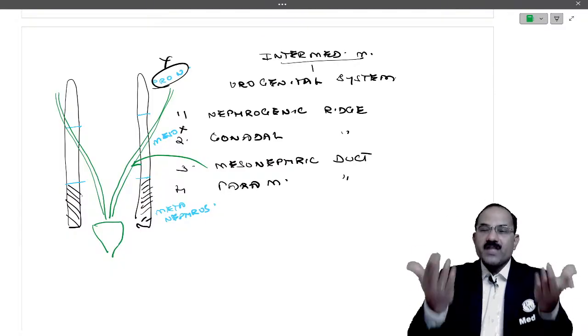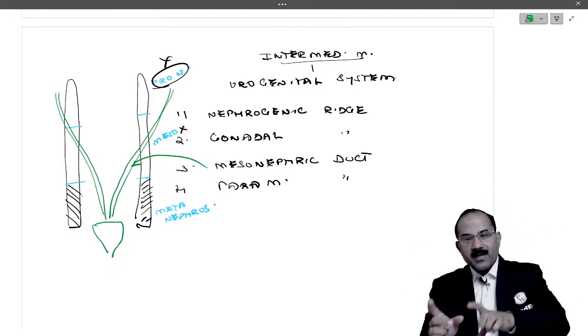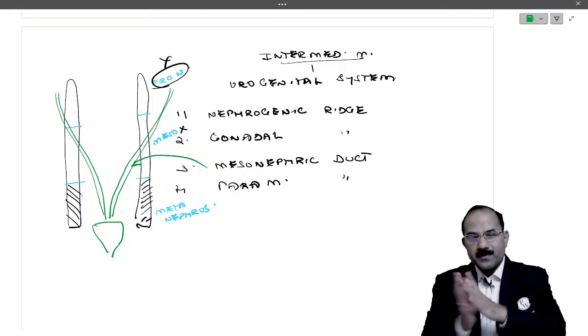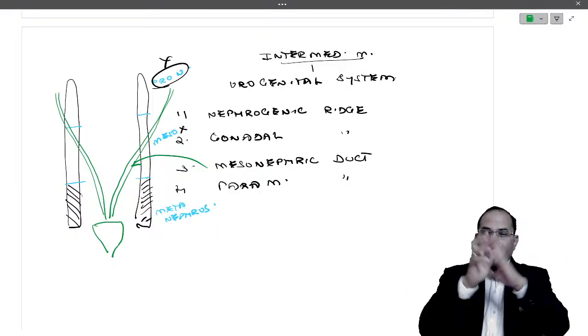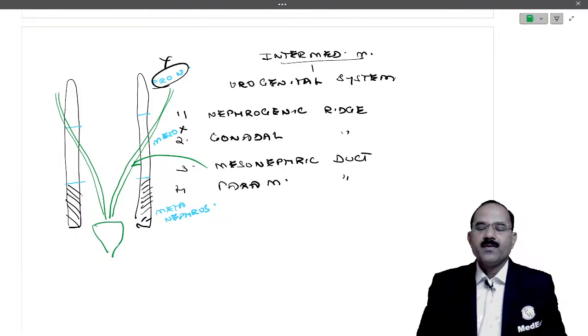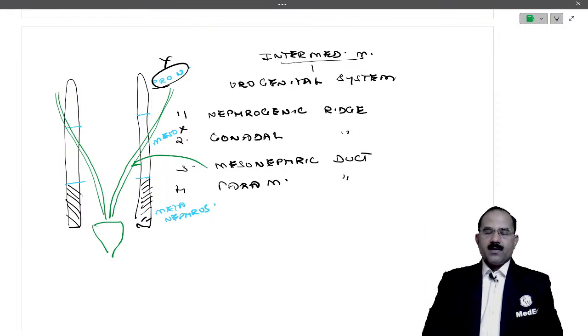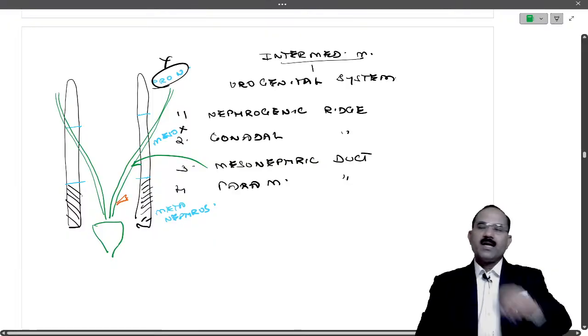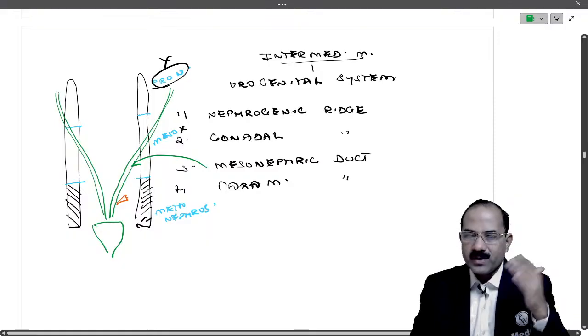The collecting part of the kidney is derived from the ureteric bud, which forms the collecting tubules, the minor calyx, the major calyx, the pelvis, and ureter. Okay, just remember this. Clear, kids? So that's the ureteric part. So that's the development of kidneys. That's the development of the urinary system.